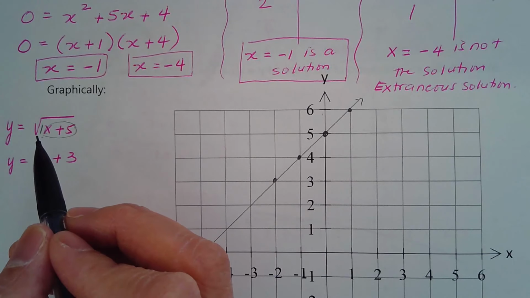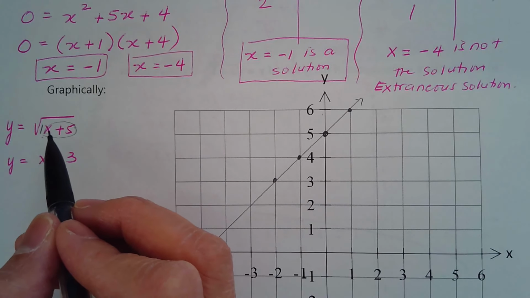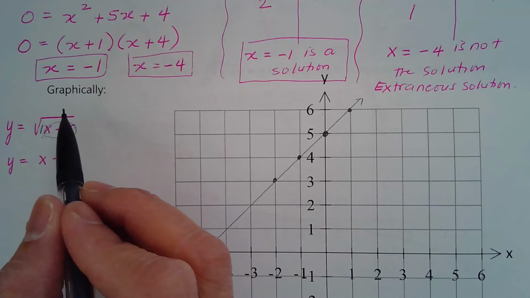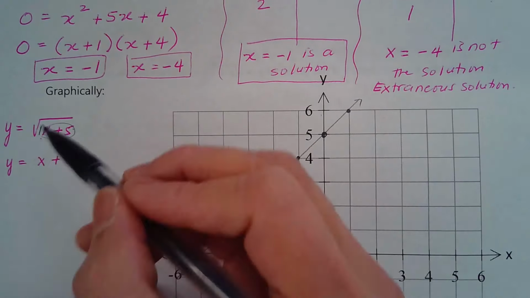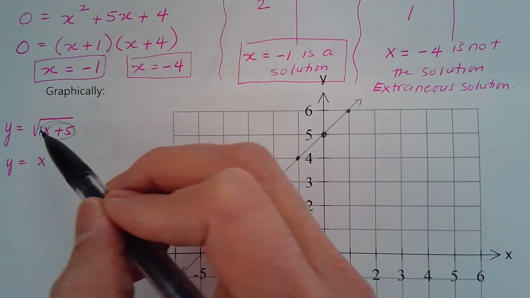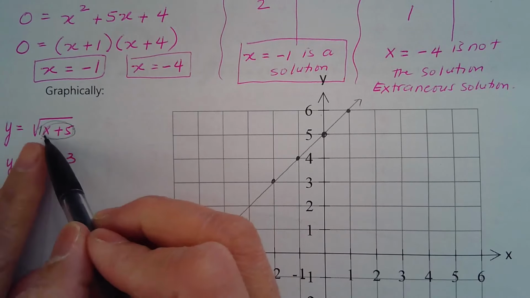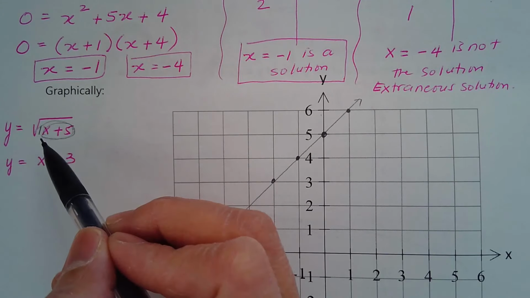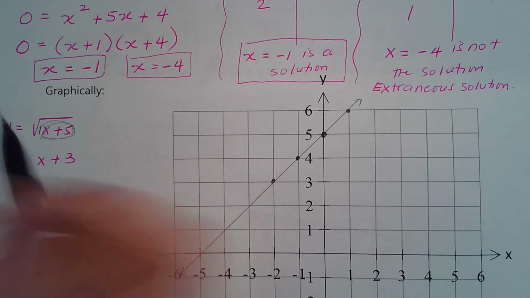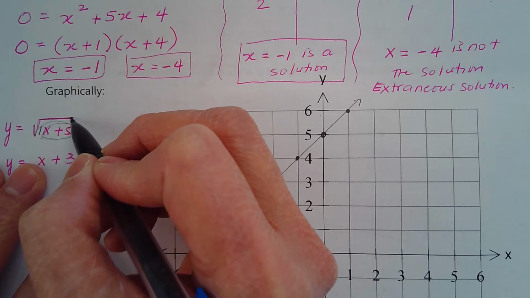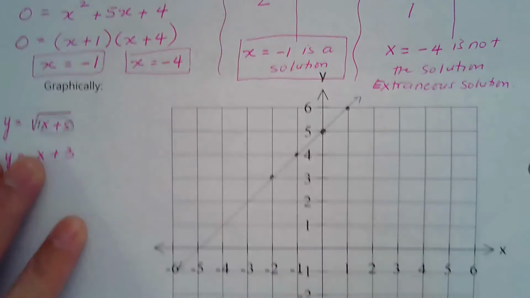So here's a way to figure out the graph of the square root of x plus 5. We graph this one first, just like what you did with your activity this morning. You graph the linear function first, the function under the radical, and then now apply the square root to that. Okay?